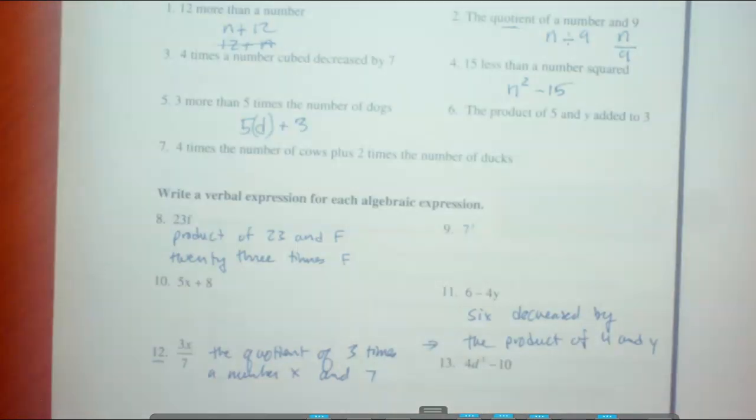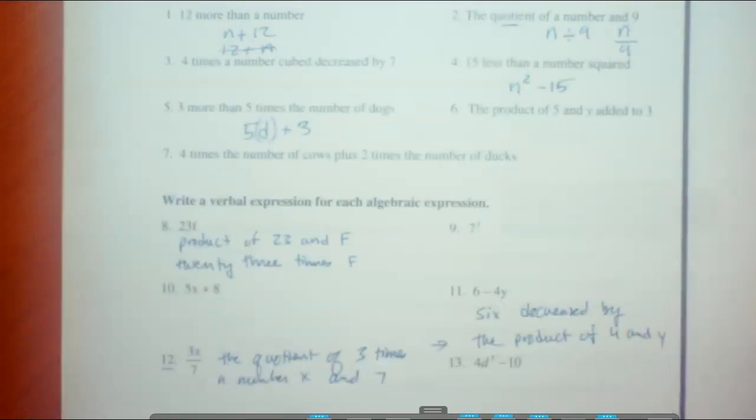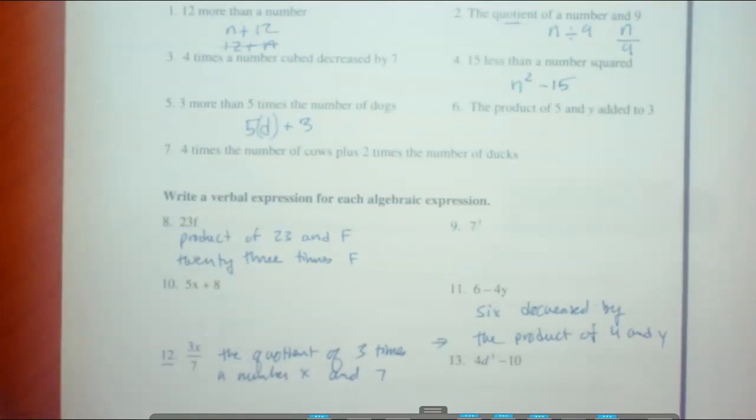You could also write that as 3x, or 3 times x divided by 7. That would work too. Alright, I know this is difficult, but this is what the target is. Sometimes we got to dig in and do it. We'll be doing a lot of this in this chapter.